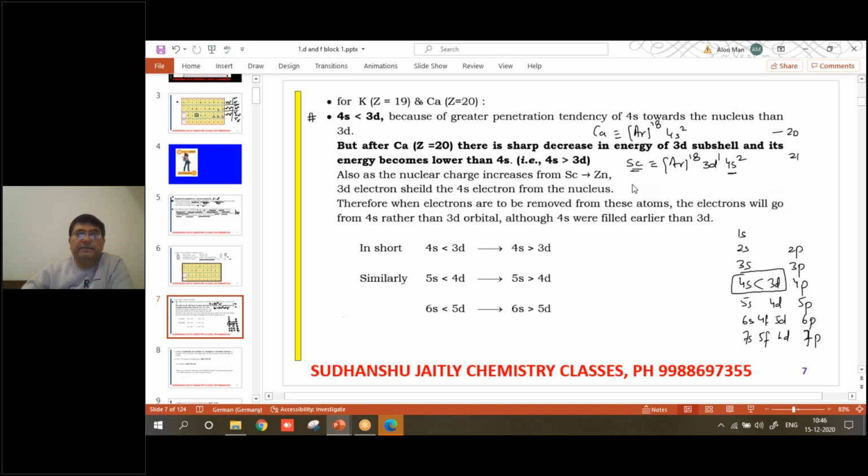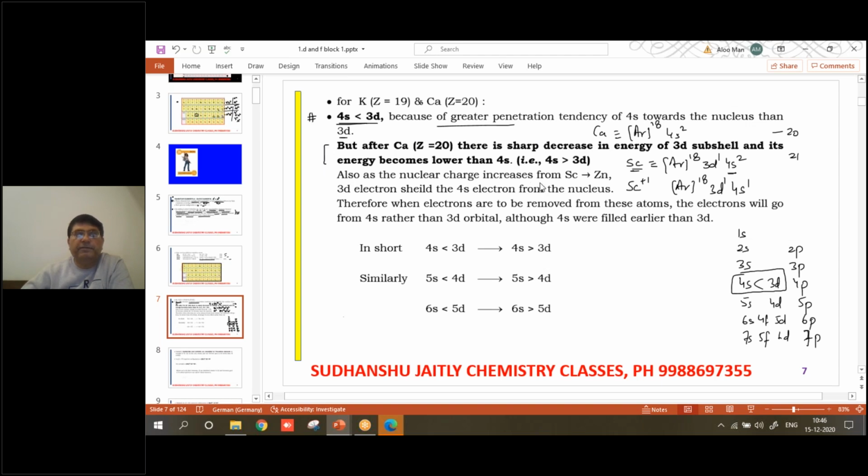That is the reason, if you remember, that whenever you had to remove electrons, you always removed them from the highest principal shell, right? So after atomic number 20, this is going to happen because of the greater penetration tendency of 4s towards the nucleus than 3d up to atomic number 20.